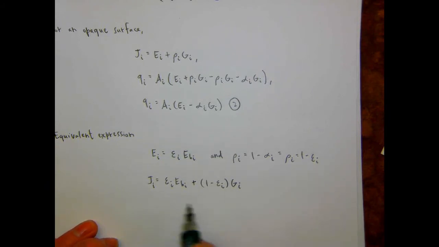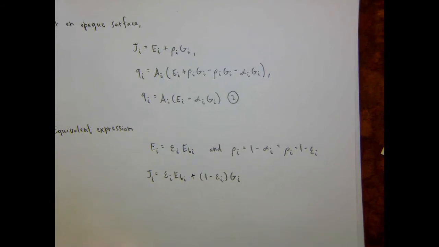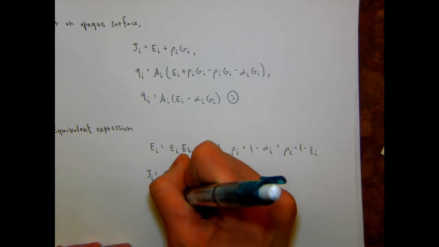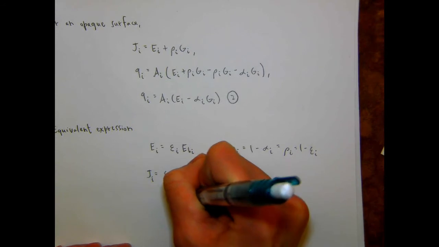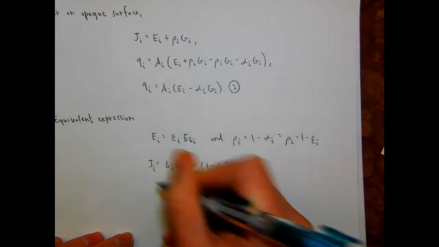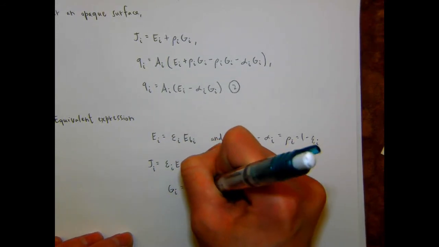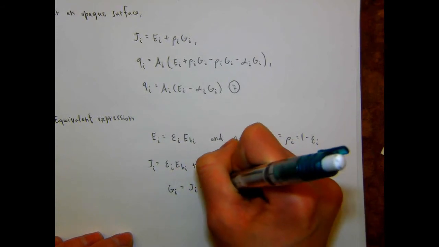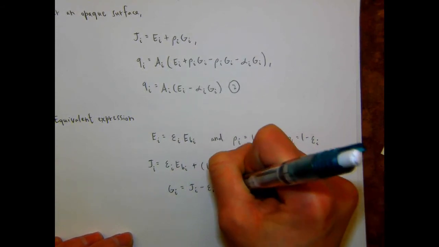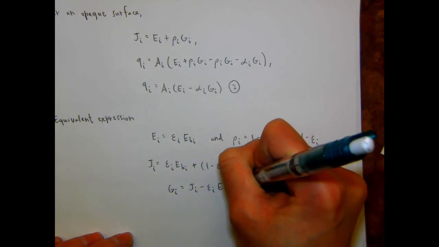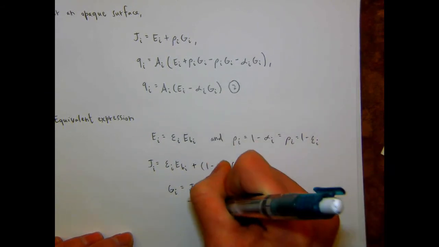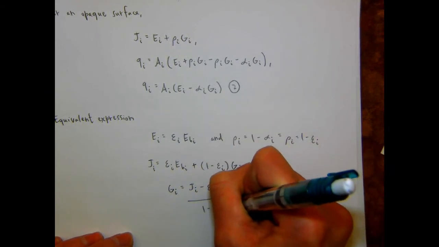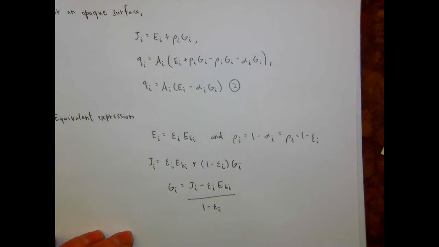So most of these things are going to be fairly easily known. And we're actually going to solve this for the irradiation. So now that's in terms of these other quantities and the radiosity.